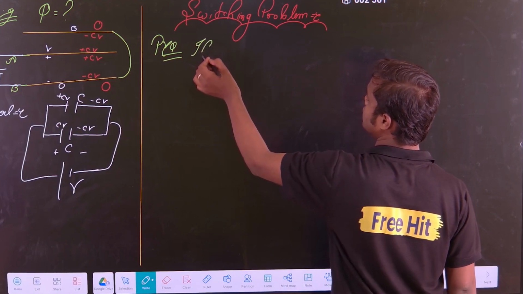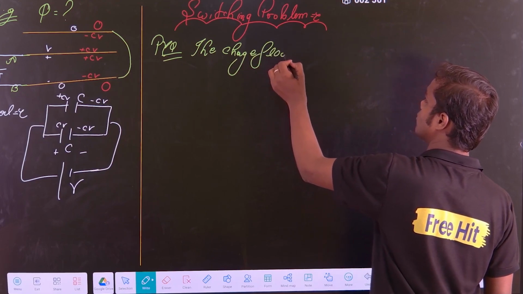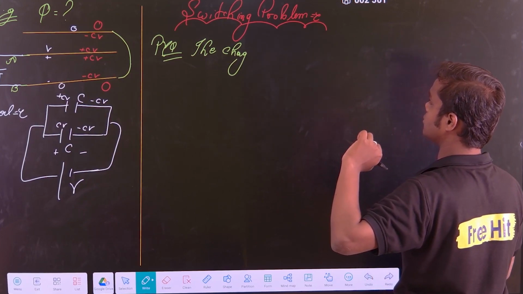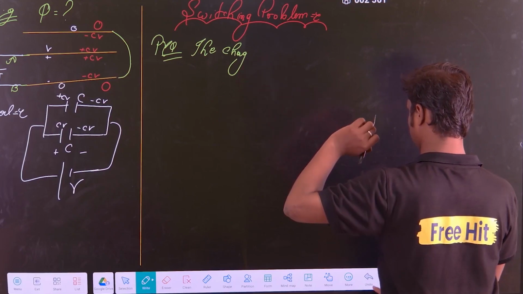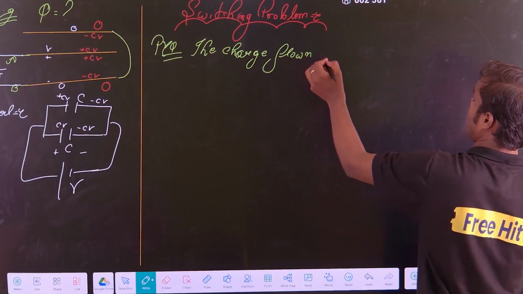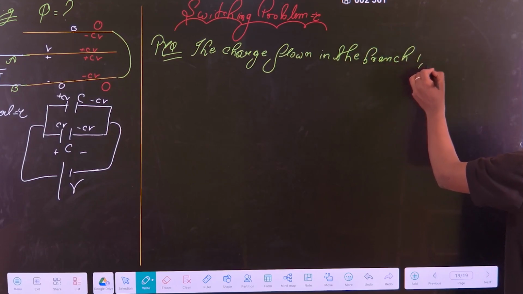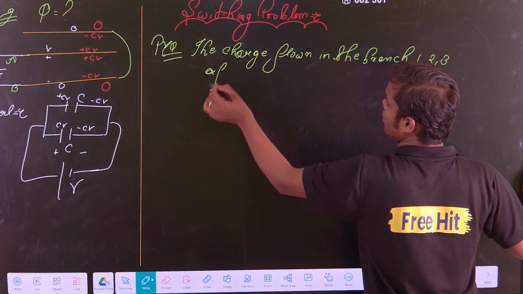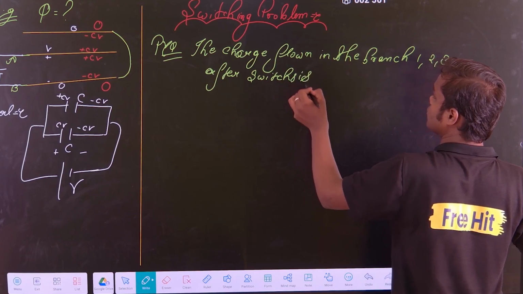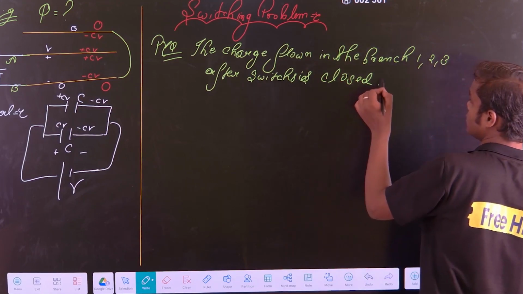They have asked for the charge flown in the branches 1, 2, 3 after the switch is closed. Clear? This is the thing they have asked.